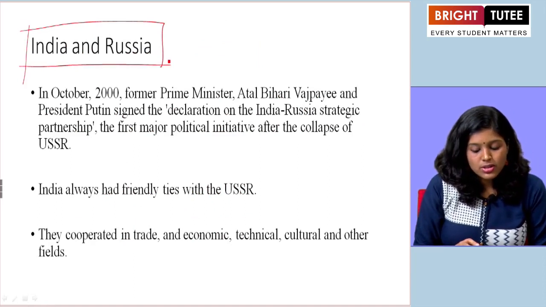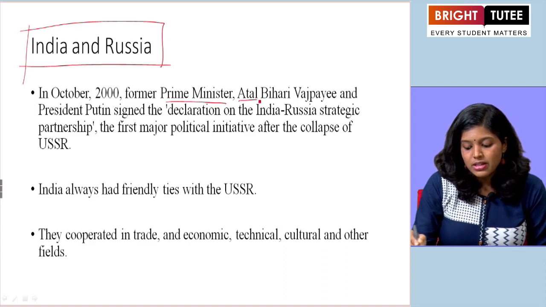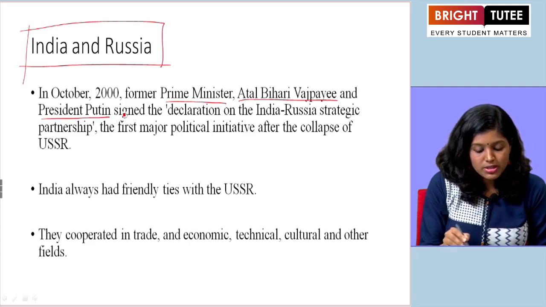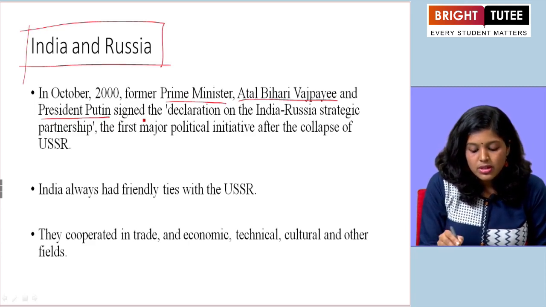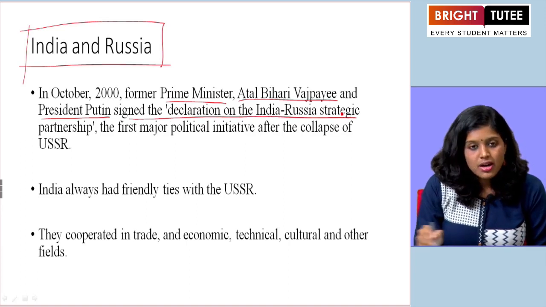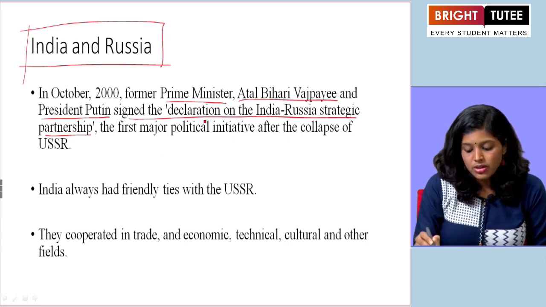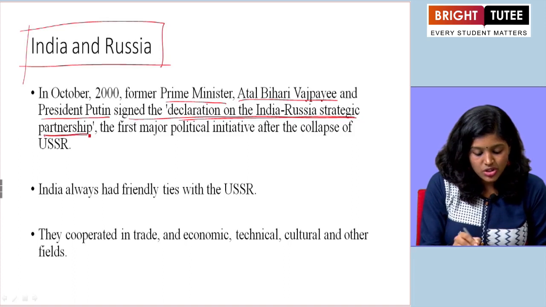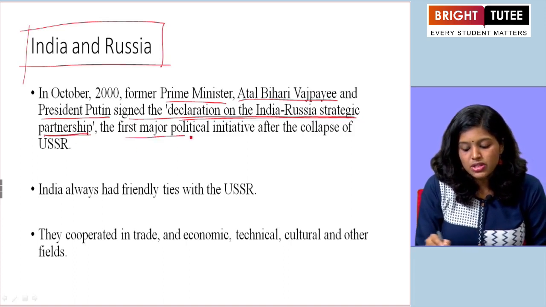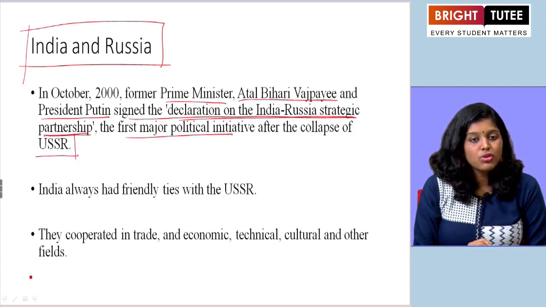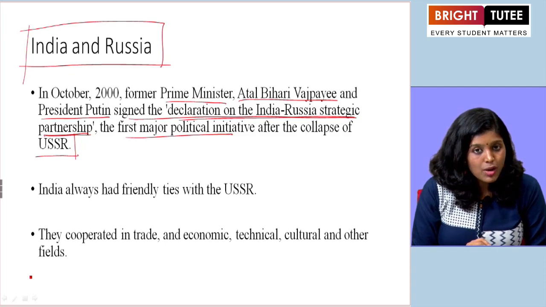In October 2000, former Prime Minister Atal Bihari Vajpayee and President Putin, that is President of Russia, Vladimir Putin, signed the Declaration on India-Russia Strategic Partnership, which was the first major political initiative after the collapse of the USSR.